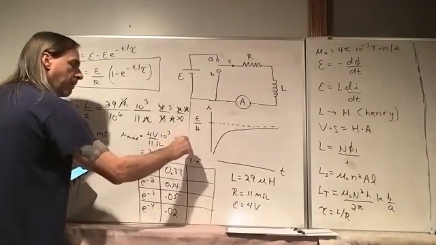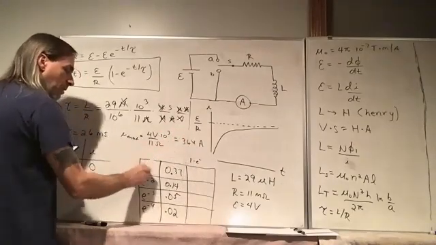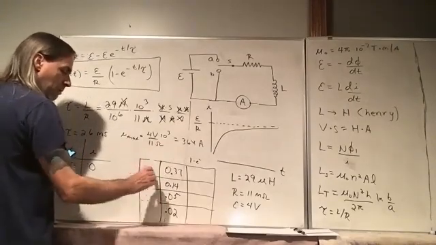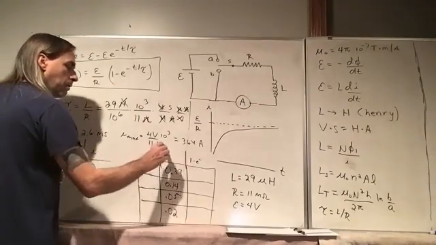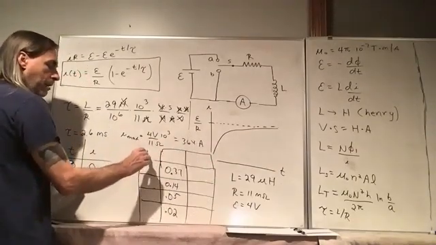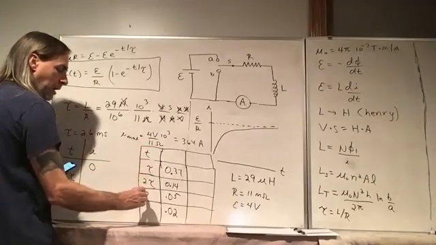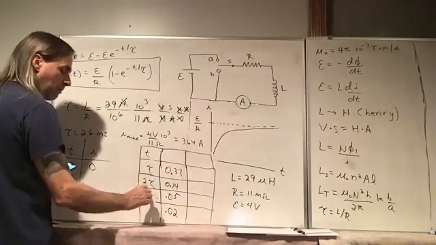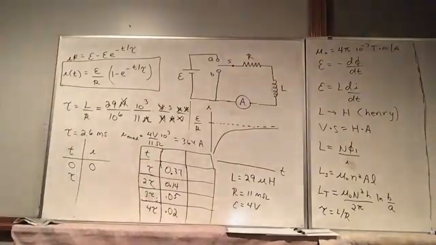Kind of making a mess of the board. So let's make a table here. Let's say that this is time: tau, 2 tau, 3 time constants, and 4 time constants.